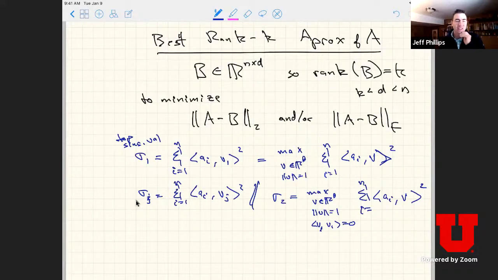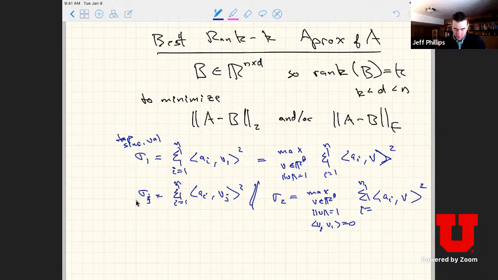Okay, and because they're orthogonal components and squared norms, by the Pythagorean theorem I'm able to say the following.